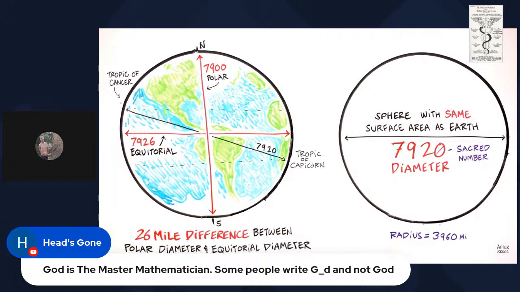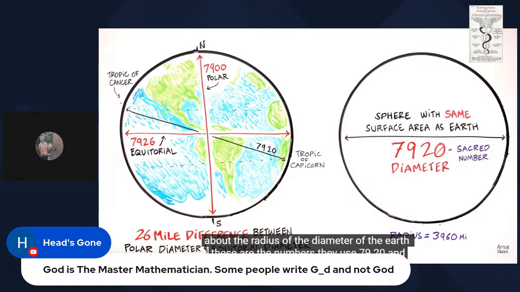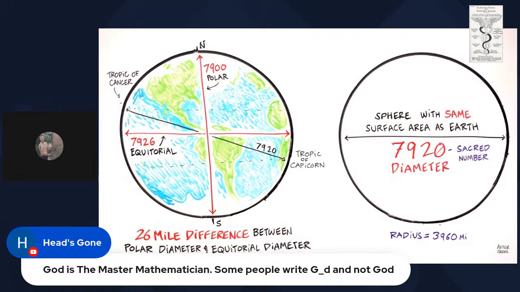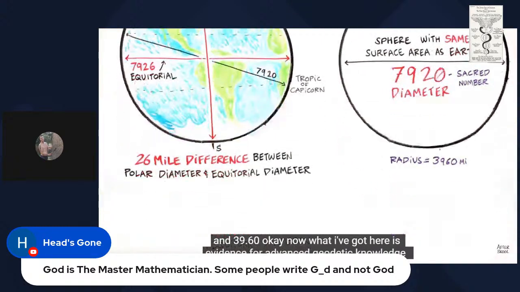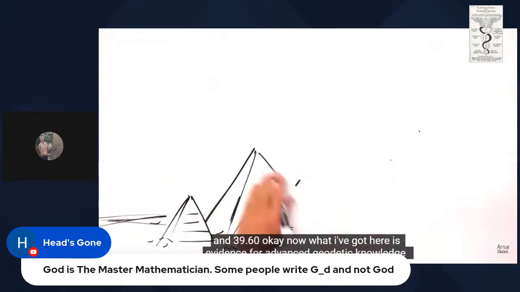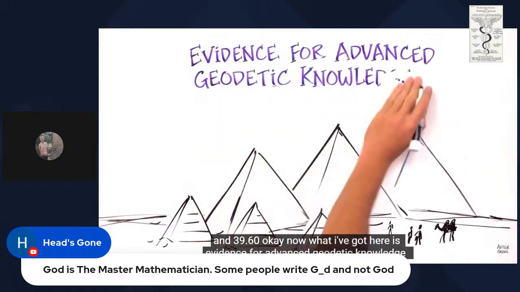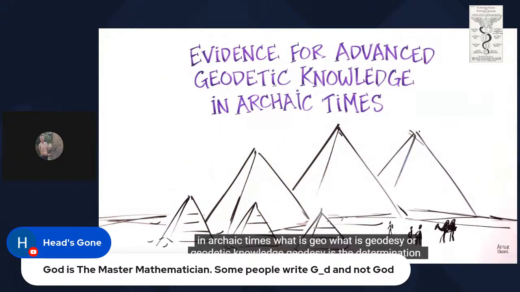In most books you read, astronomy and so forth, when they're talking in round numbers about the radius or the diameter of the Earth, these are the numbers they use: 7,920 and 3,960. Okay. Now, what I've got here is evidence for advanced geodetic knowledge in archaic times.